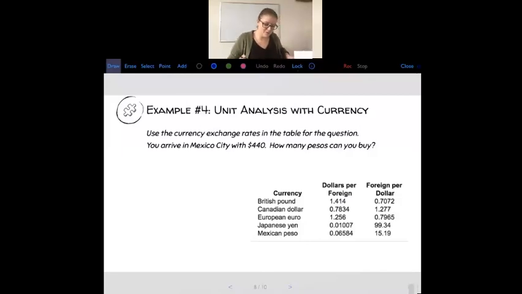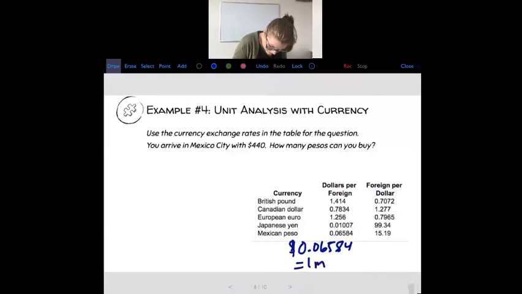So the way that this table works is you're looking at the currency type. In this case, we're dealing with Mexican pesos and dollars. Dollars is already accounted for in this table, and so we're specifically looking at the row that pertains to Mexican pesos. When it says dollars per foreign, this means that it's $0.06584 per 1 Mexican peso. So let me write that down. This is $0.06584 is equal to 1 Mexican peso, and I'm just going to abbreviate it because I'm going to run out of space.